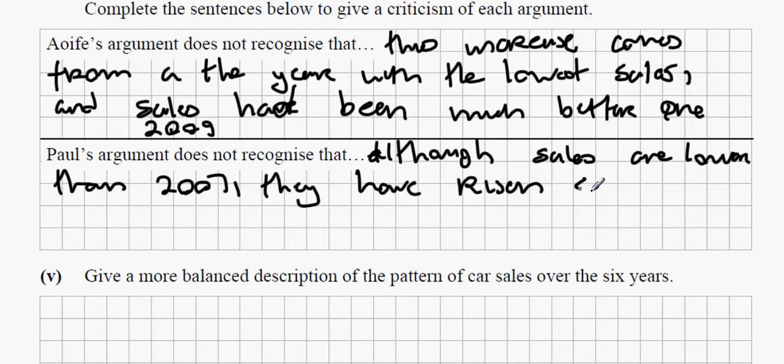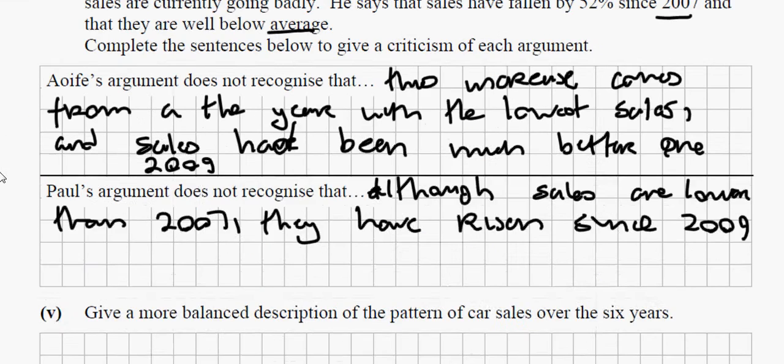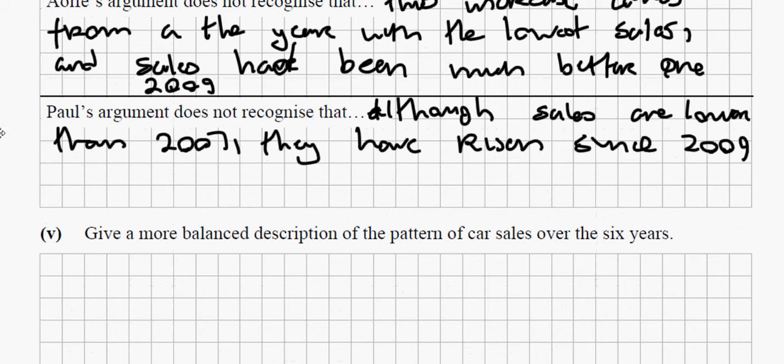So basically, if you go back to the numbers here, Paul is saying, look, compared to 2007, it's much lower, but he's failing to recognise that since 2009, it's actually on its way up by about 30,000. So there's two sides to the story, so he needs to recognise both sides, okay? They have risen since 2009.